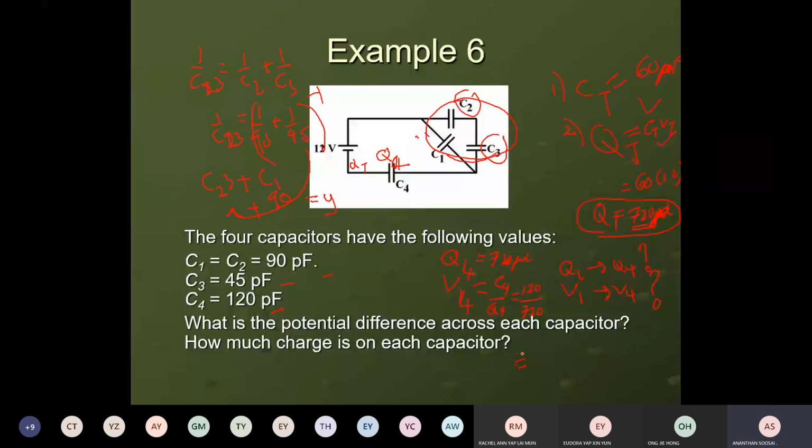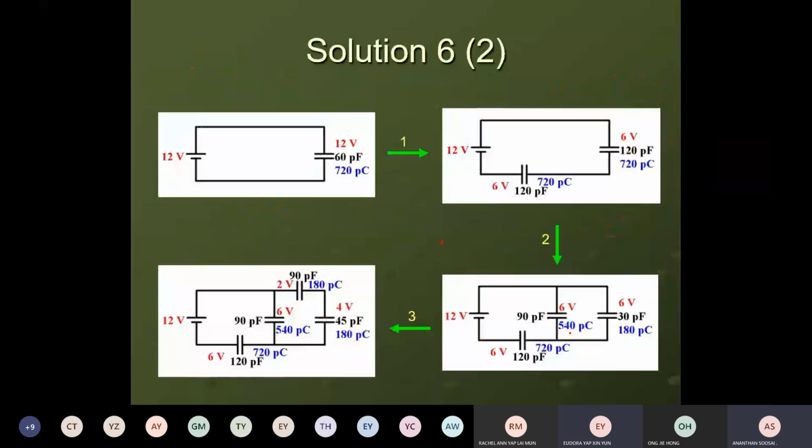So what do you get? 120 divided by 720, you get 106 volt? Okay, let me go back. Oh, you get 6 volt. That is a mistake here.